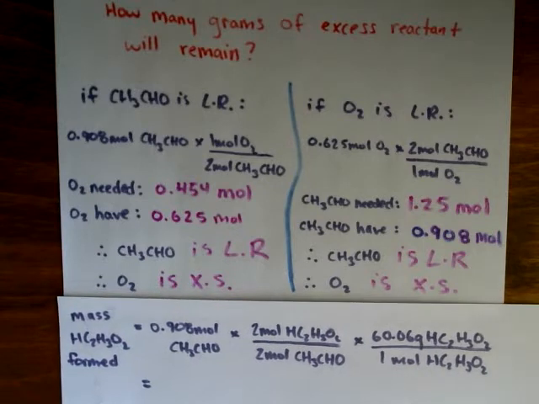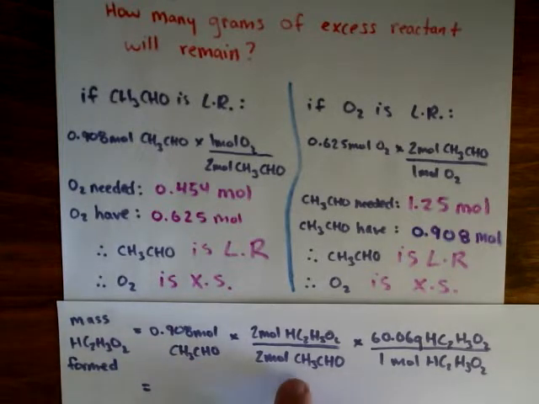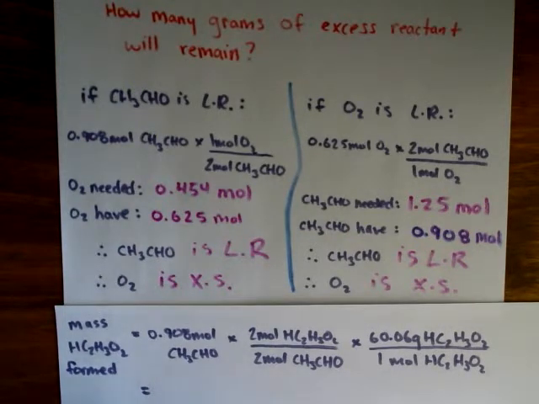To determine the mass of the ethanoic acid that's formed, we once again use the amount of the limiting reagent, the molar ratio between the limiting reagent and the product, and then the molar mass of the product to determine the final mass of the product that's formed. If we do this, we find that the mass of ethanoic acid formed is 54.5 grams.